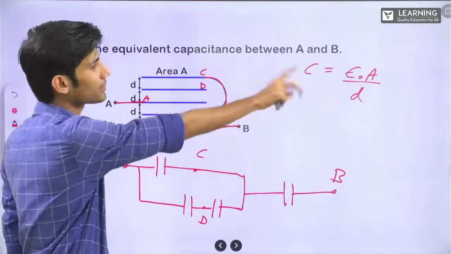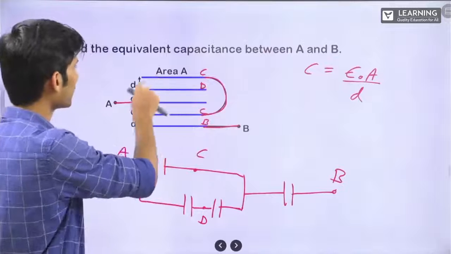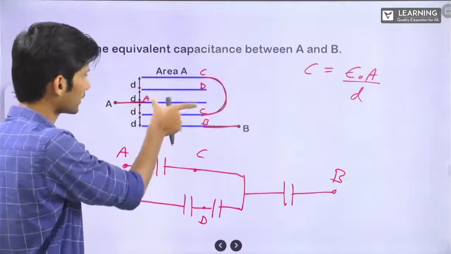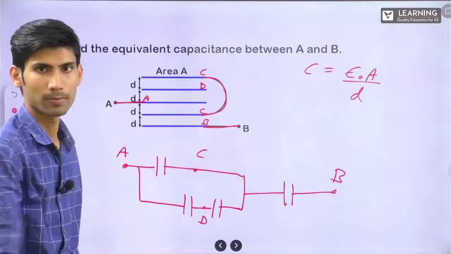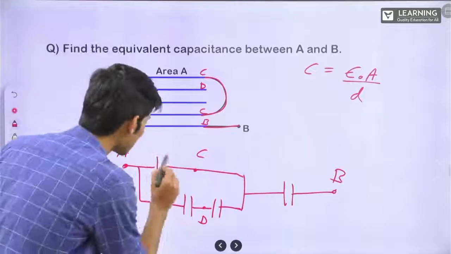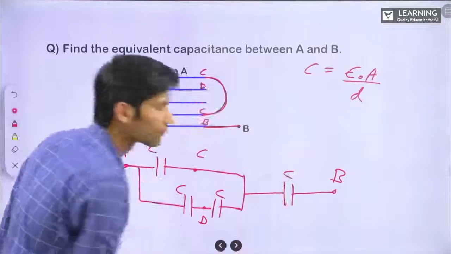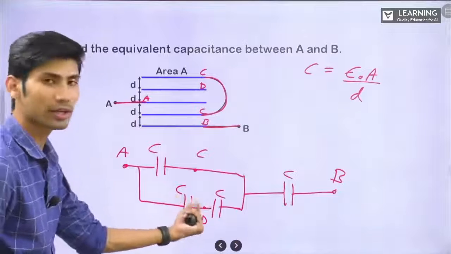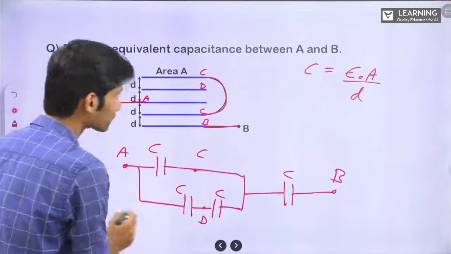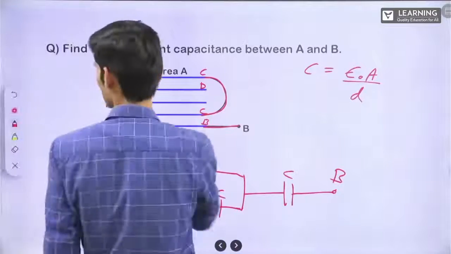All are having capacitance epsilon naught A by D, correct? Area A, distance D. Area A, distance D. So this is C, this is C, this is C, this is C. So these both will club together and become C by 2. I'll make it here.